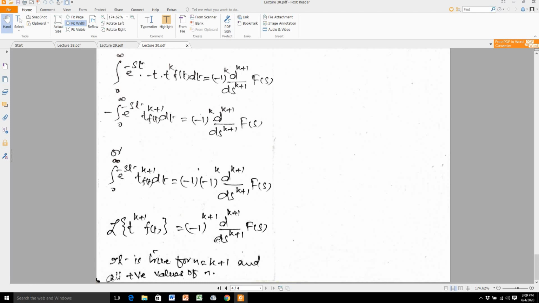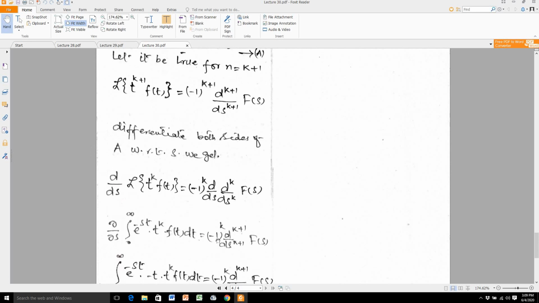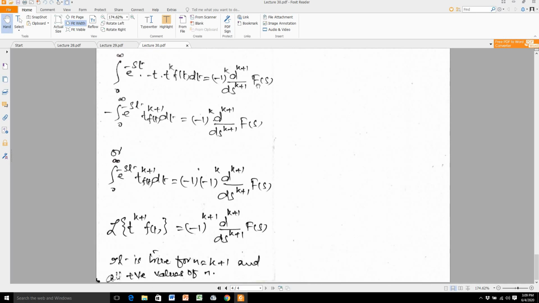Both sides are the same. We had to prove this for n is equal to k plus 1. So you see here, this is our required result. It is true for n is equal to k plus 1 and all positive values of n.